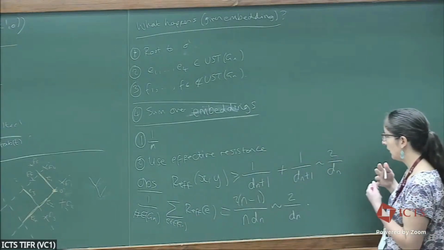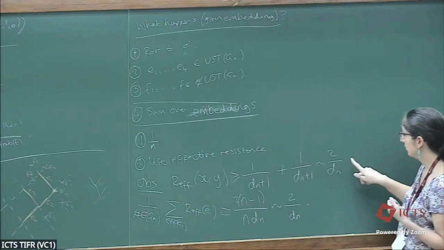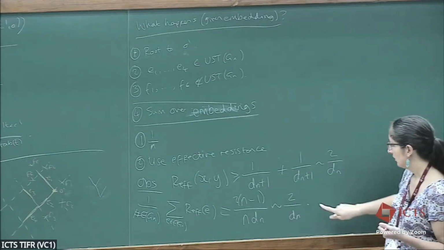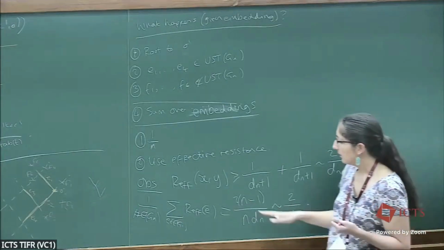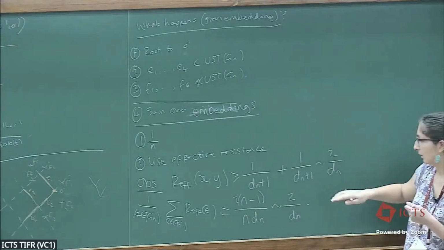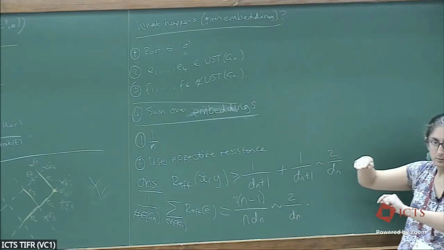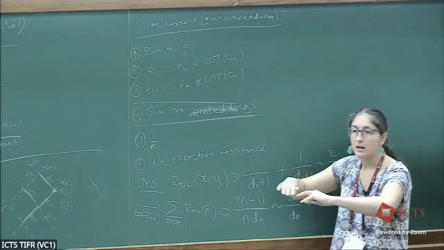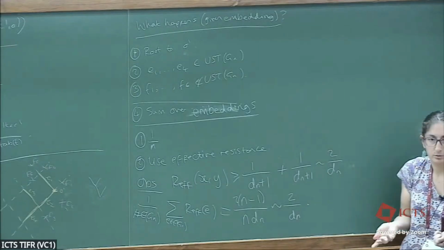If I know that for all edges I have a deterministic lower bound like this, and I also know that the expectation for a uniform edge is roughly the same thing, it means that nearly all the edges have effective resistance close to this. It cannot be smaller, and it also cannot be a lot bigger, because if it's a lot bigger, it either needs to be compensated by something a lot smaller, which is not possible, or by many values which are a little bit smaller, which is possible, but I can only run this argument for a small number of edges.